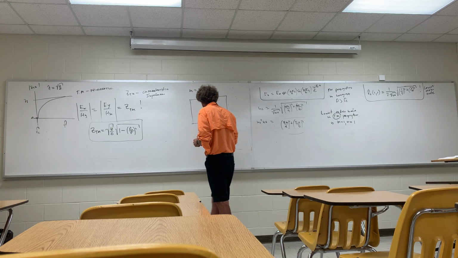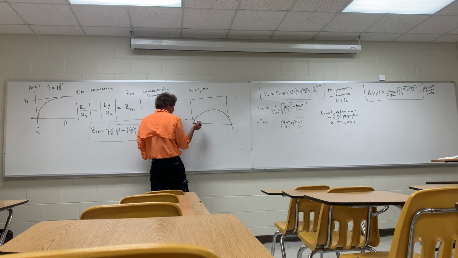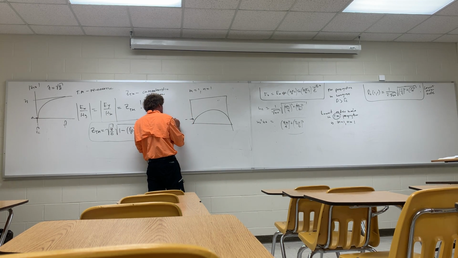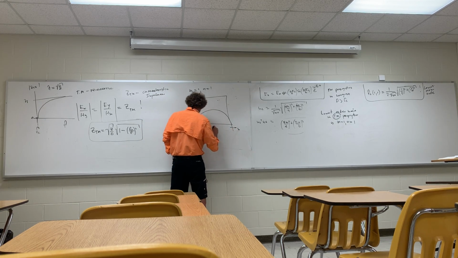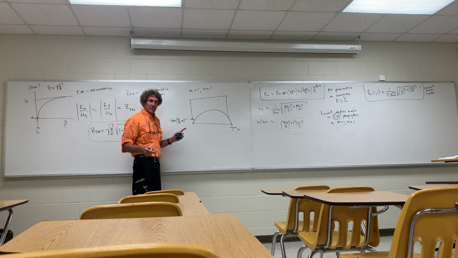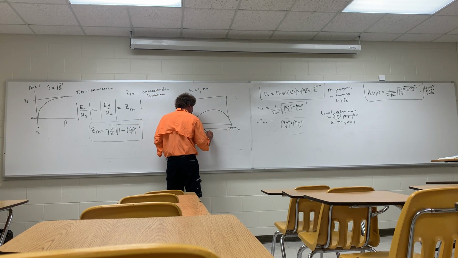You'll get a half wavelength here. I'm trying to represent the sine of pi over A times X, where this would be X. You all see you would have a sine waveform there, right? This is going to be a half wavelength. This is lambda over 2.